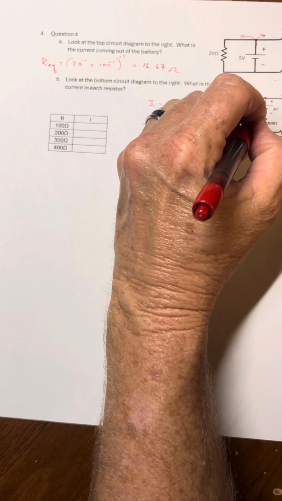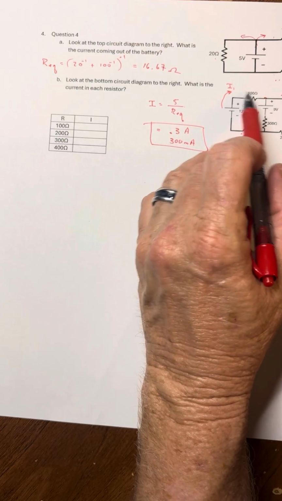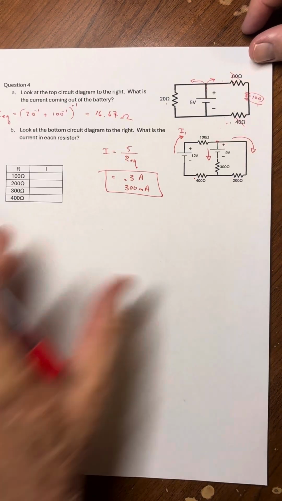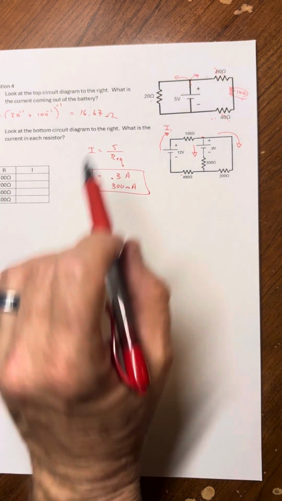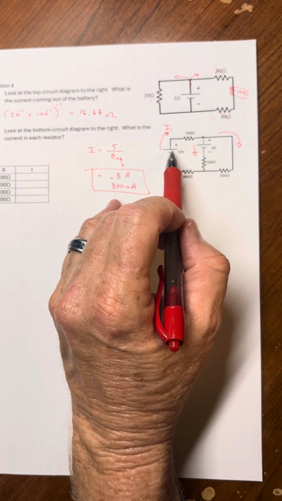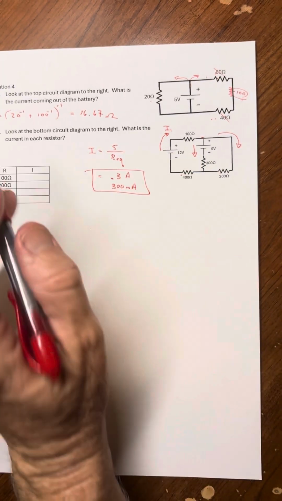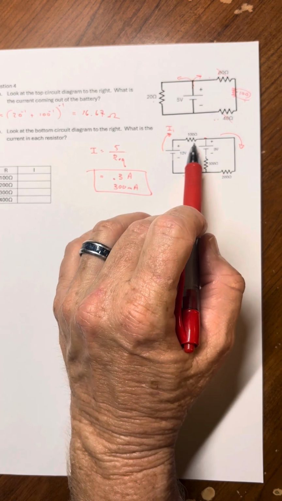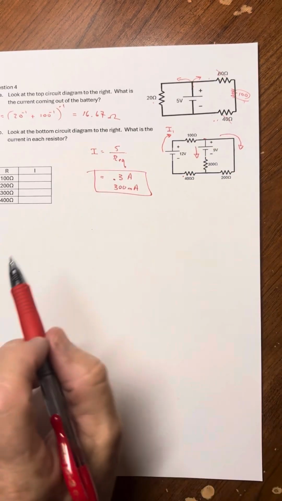Does the current continue on down because the 12-volt overpowers the 9-volt, and we're therefore charging up the 9-volt battery? Or, on the other hand, does the loss of power going through this 100 ohm reduce it lower than this, so it doesn't go this way but comes out that way?